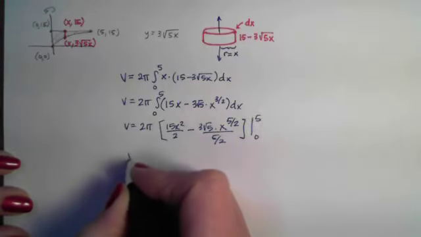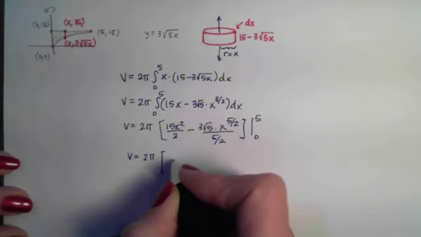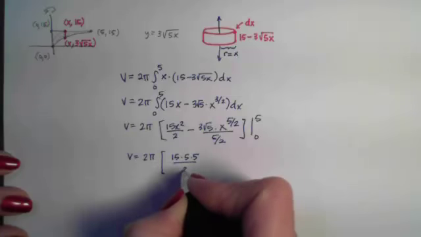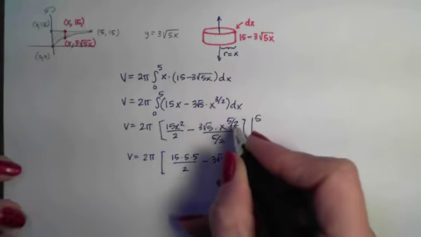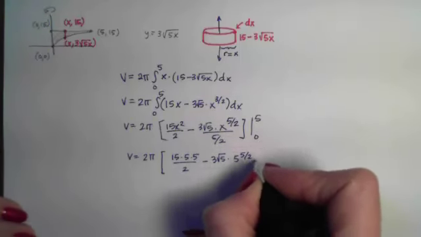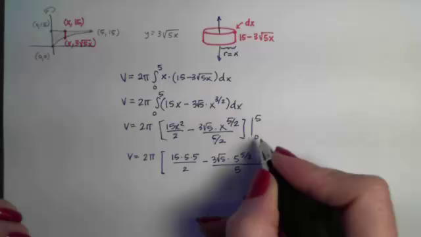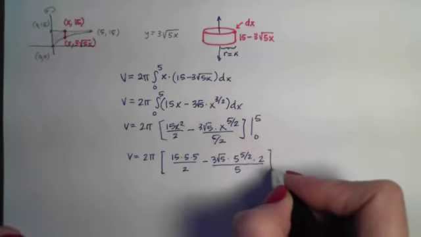So if I plug in my 5, I will have 15 times 5 times 5 over 2 minus 3 root 5 times 5 to the 5/2, and I'm going to flip this and get a 2/5. And then when I subtract, what comes out when I plug in 0, that's just a 0.